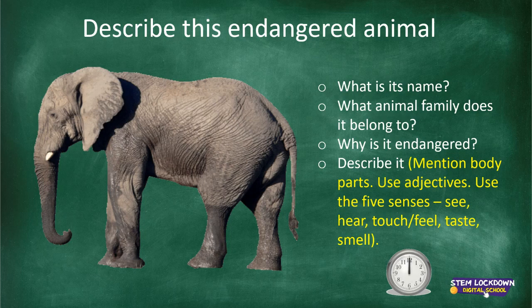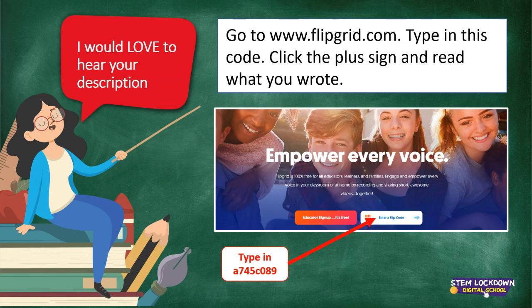Okay, so I'm assuming now that you have described your endangered animal, and maybe you didn't even choose an elephant. You might have chosen something else. So I would love to hear your description. With your parents' permission, you just go to www.flipgrid.com.